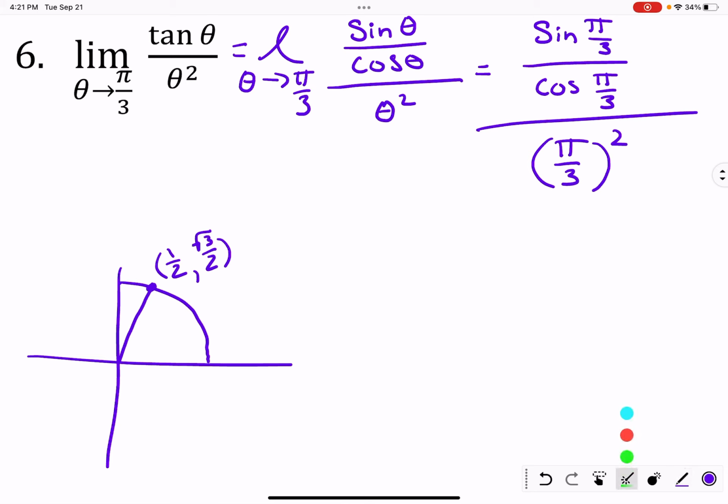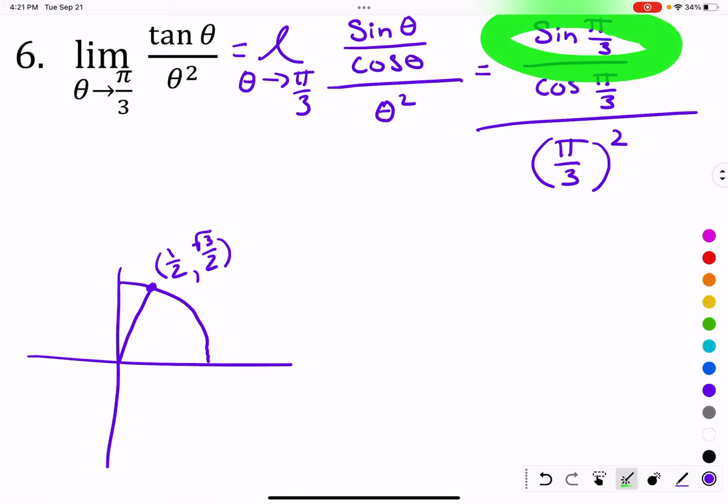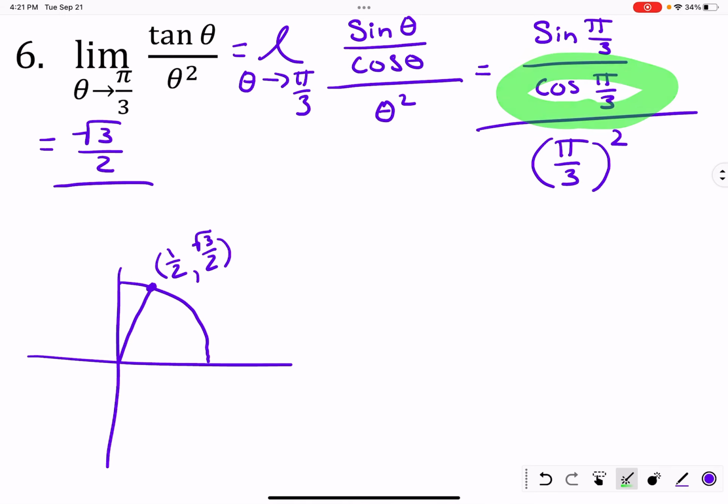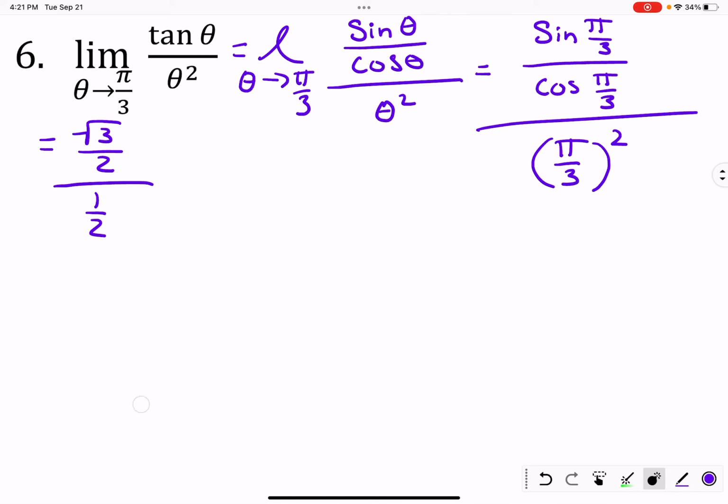Sine of pi over 3 is just going to be the square root of 3 divided by 2, over, now I'm going to simplify this, cosine of pi over 3 is 1 over 2. I don't need the unit circle anymore, I have my appropriate coordinates, all over pi squared over 3 squared, which is going to be 9. We see a lot of crazy fractions happening here.